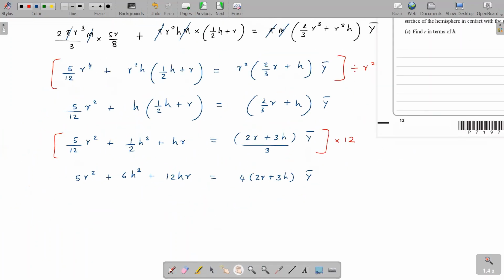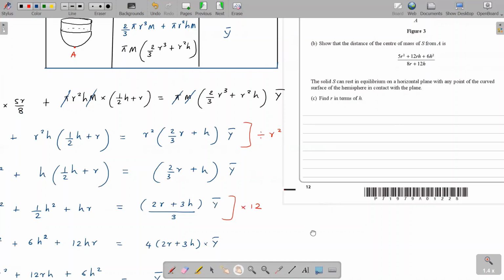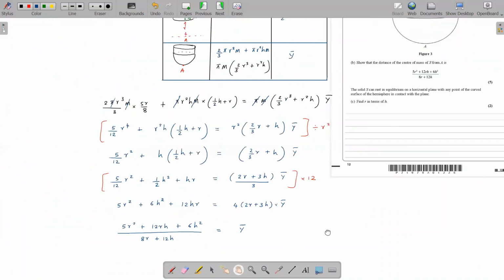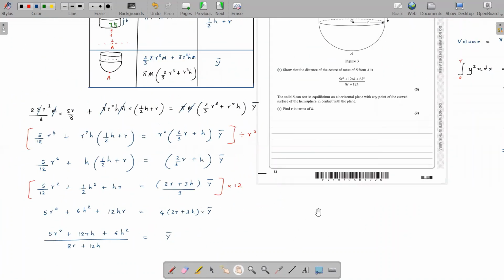And this one 8r plus 12h. Can you see? 5r square, rearranging as in the sum, 12rh, hr and rh are the same, plus 6h square, divided by, this is a multiplication, it comes as a division, 8r plus 12h, equals y bar. Is that clear? So this is the show that.